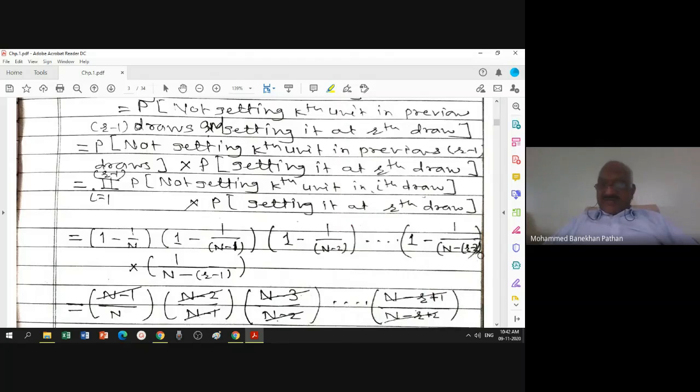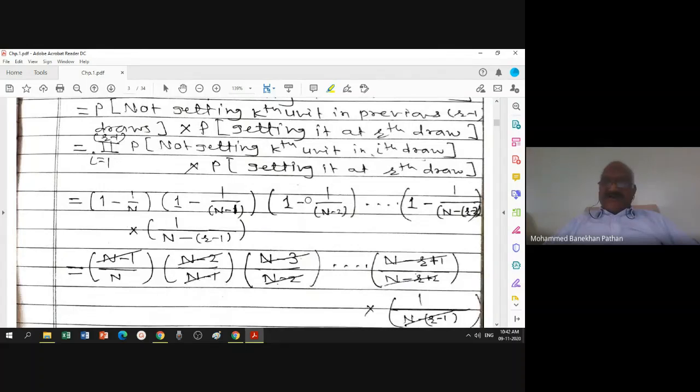How do I write r minus 2? Let us see the logic. First n, second n minus 1. When I say third, it is n minus 2. Now this bracket is for r minus 1, so it is n minus (r minus 2). Multiply by selecting at the rth draw, so it is 1 upon n minus (r minus 1).